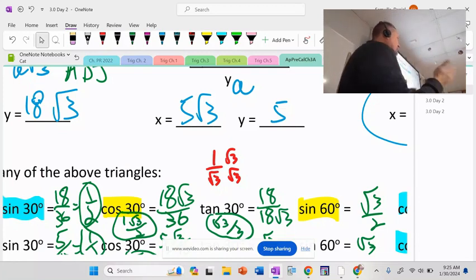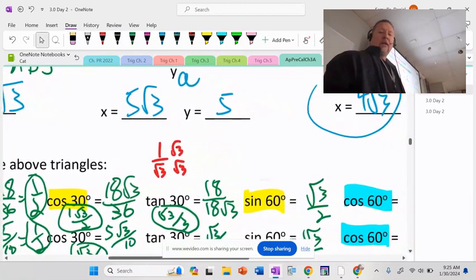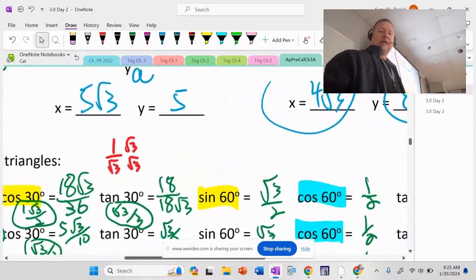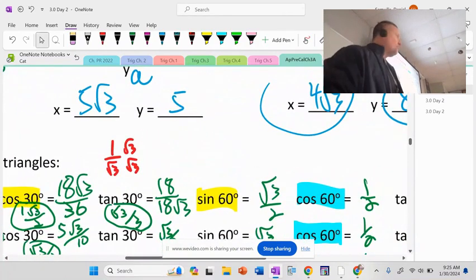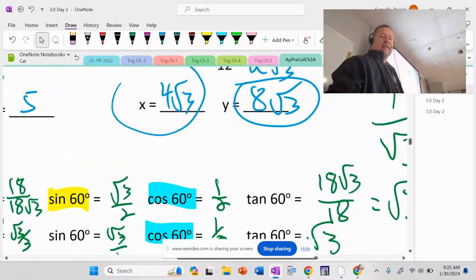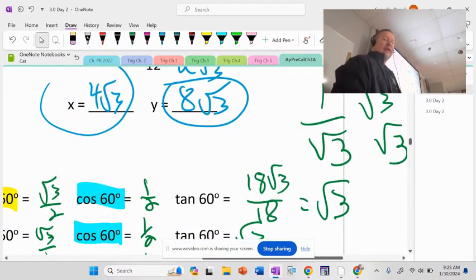So sine of 60 equals cosine of 30, and I could fill that in. And then cosine of 60 equals sine of 30. So that's how I got 1/2. And then tan of 60 is flipping this fraction because it flips who's opposite and who's adjacent. So that ends up being 18 root 3 over 18, which is root 3. The 18s cancel and you just get root 3.